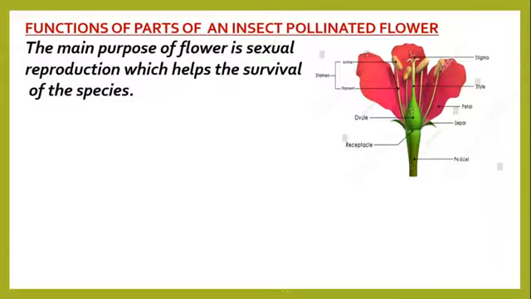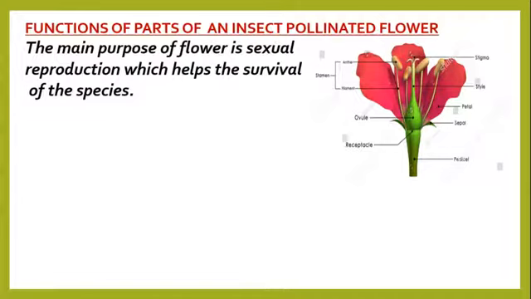Or, the flower is the main sexual reproductive organ of a plant that ensures the survival of plant species. And now let's look at the functions of the main parts of the flower.